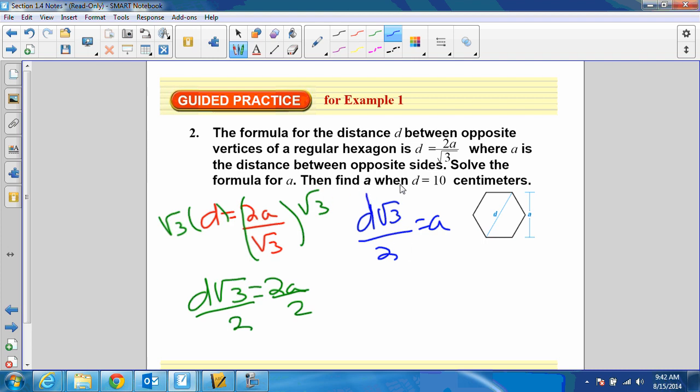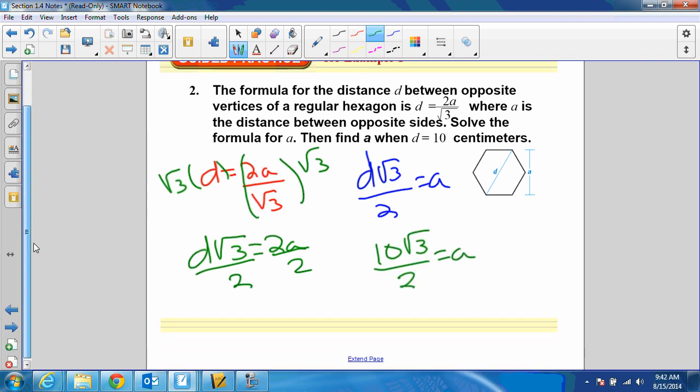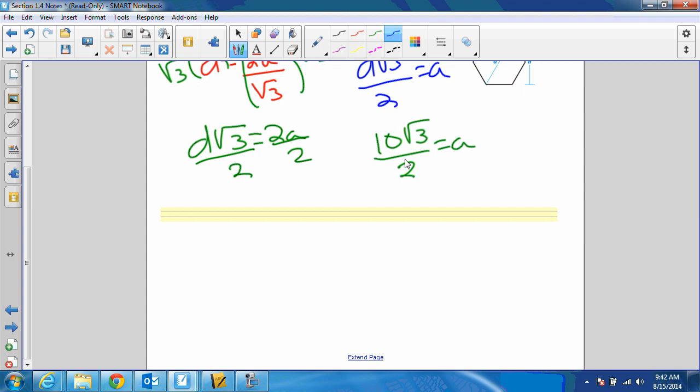The other part is to find a when d equals 10. So we'll do 10 times the square root of 3 over 2 equals a. And we can reduce that because 10 divided by 2 is 5.